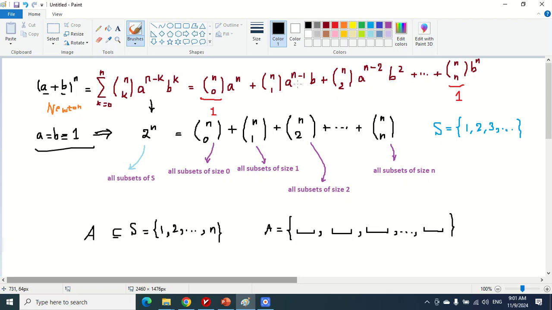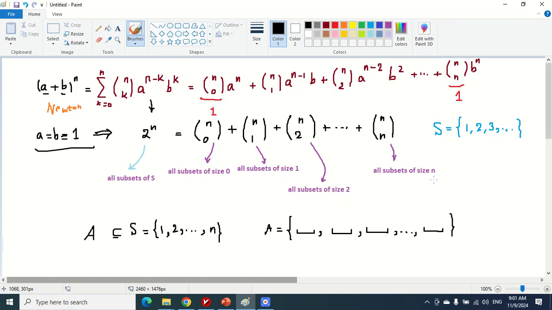At the right side, all the expressions that have an exponent become 1, so we have the combinations of 0 out of n, 1 out of n, 2 out of n, up to n out of n. Based on the definition that we talked about, all subsets of size 0 can be determined by the combination of 0 out of n. All subsets of size 1 is 1 out of n, 2 out of n, and so on.